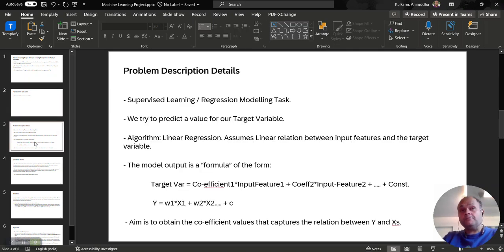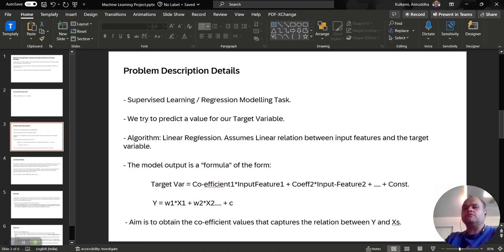So a bit of detail on the problem description, what we are trying to achieve. This is basically a supervised learning regression modeling task. So our model tries to predict the value of our target variable, which is the energy output. And I've decided to use the linear regression algorithm to carry out this modeling task.